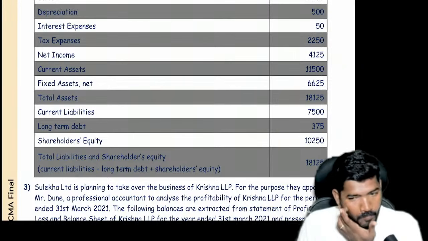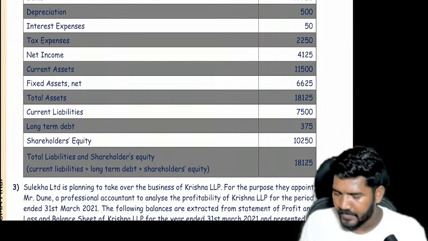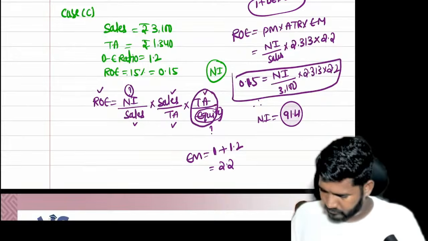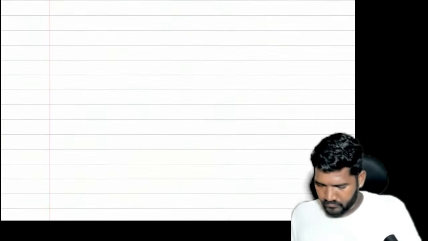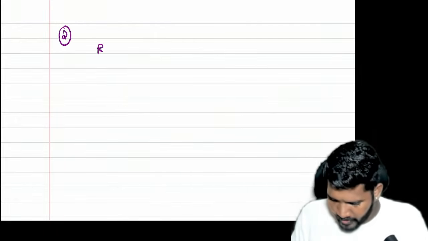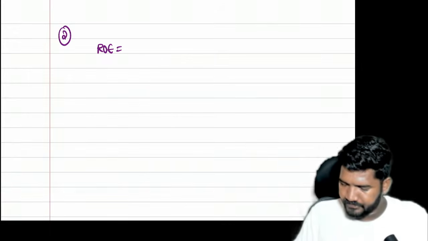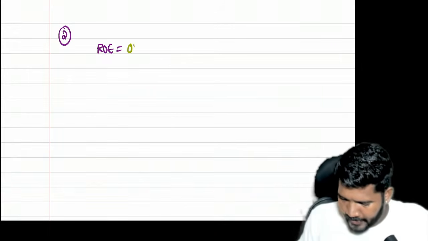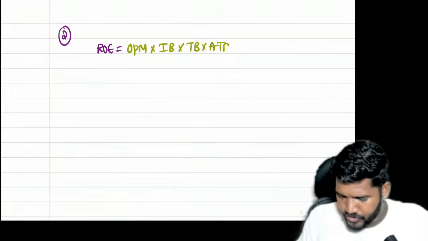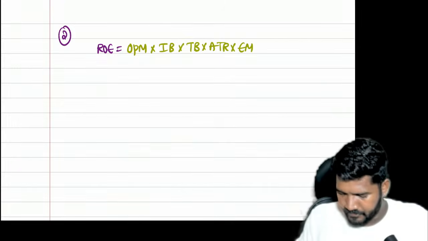Now 5 components means first write down the formula properly. Return on equity as per the 5 component model: operating profit margin, interest burden, tax burden, asset turnover ratio, equity multiplier.